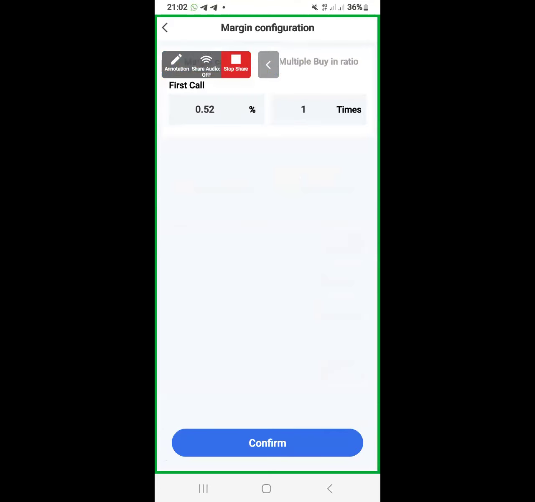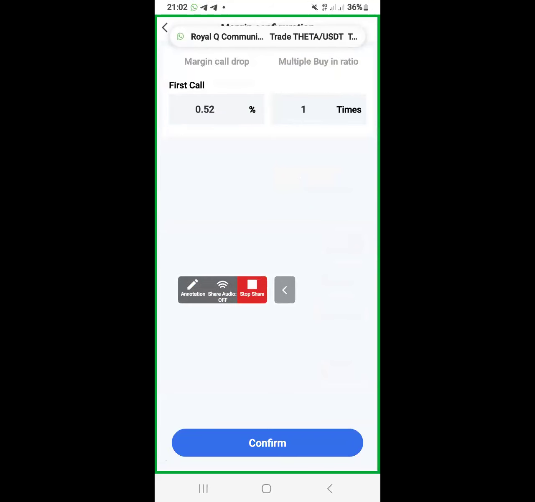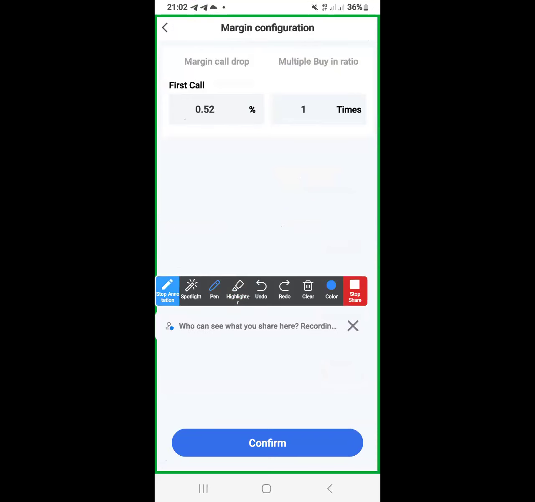Margin configuration. You have instructed the robot to buy once. Now, at what percentage would you want the robot to buy when the market price drops? And how many times do you want it to buy? That is what we call margin call drop and multiple buy-in ratio.